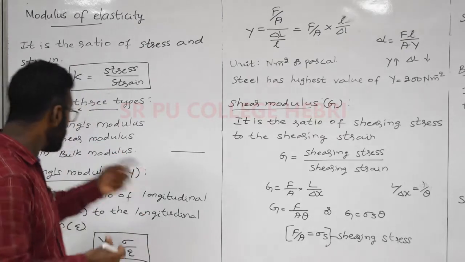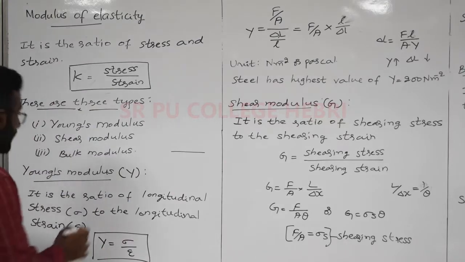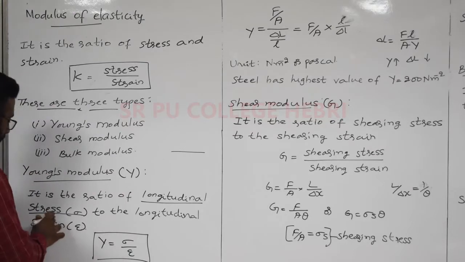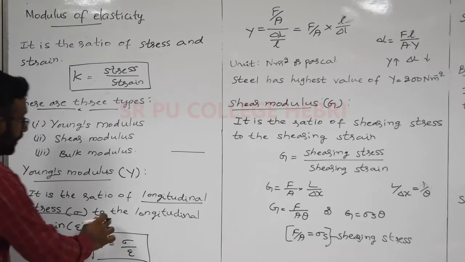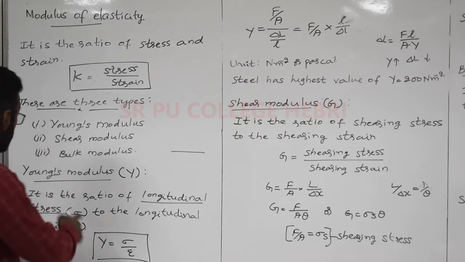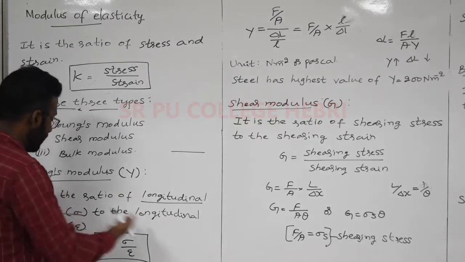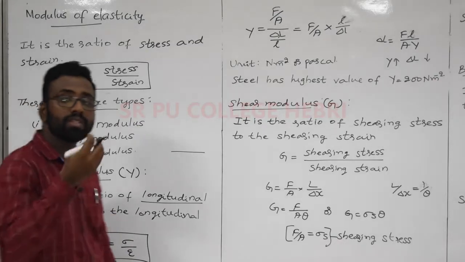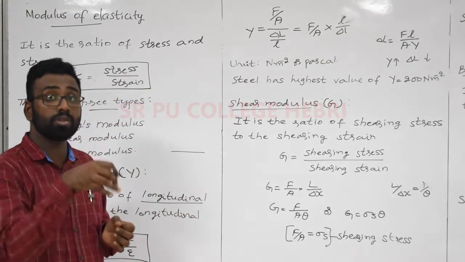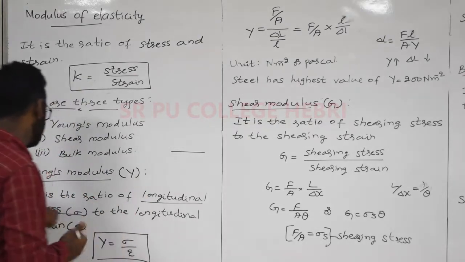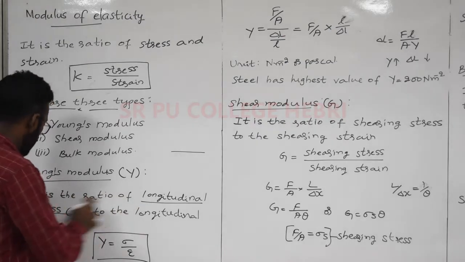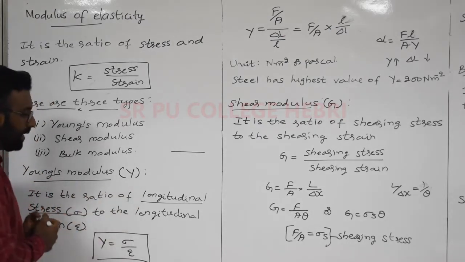So Young's modulus is the ratio of longitudinal stress, which we denote by sigma, to the longitudinal strain that is observed. Tensile and compressive are also called longitudinal. So Young's modulus is the ratio of longitudinal stress to longitudinal strain.